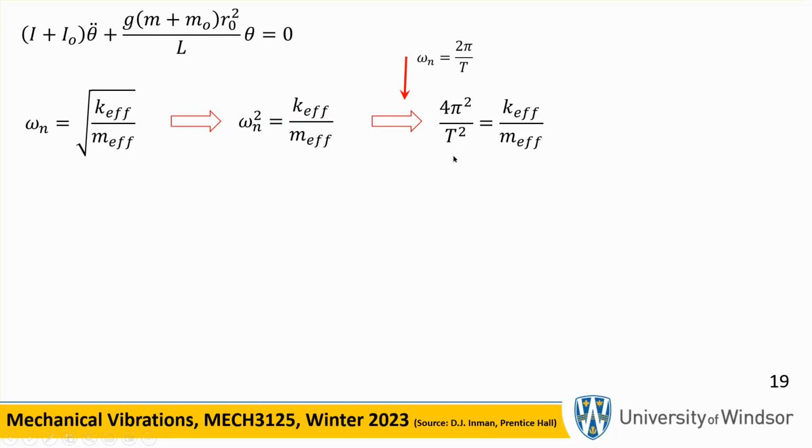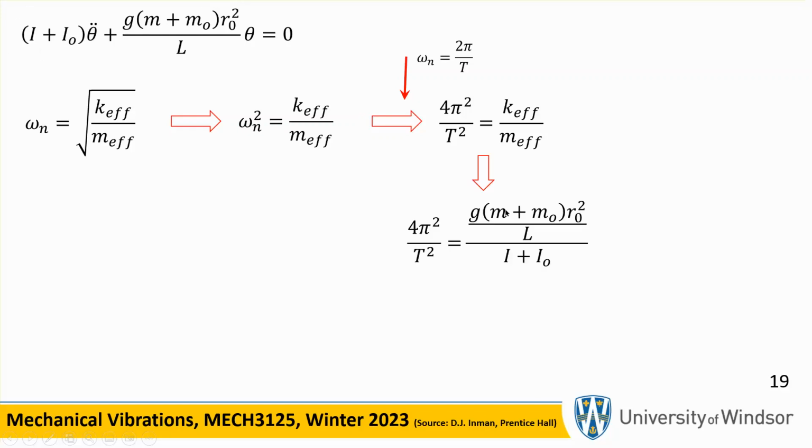T squared. Why I did this is because I want to find what these things are. I know this, I can measure it, because T I can measure. K effective is this horrible expression in front of theta, and M effective is that guy, I plus I naught.